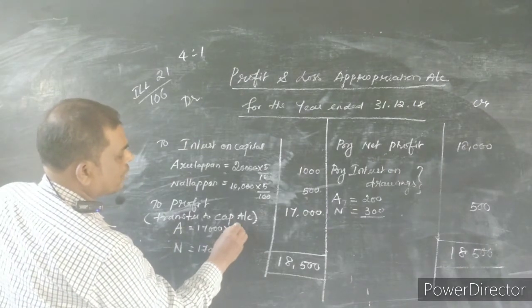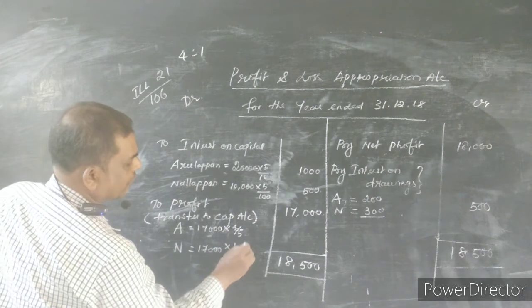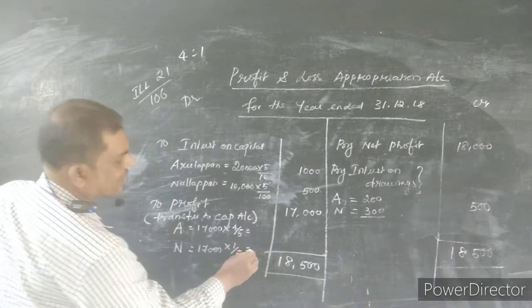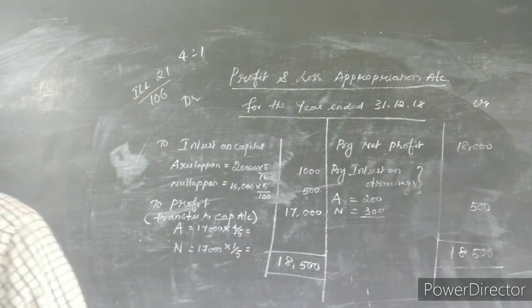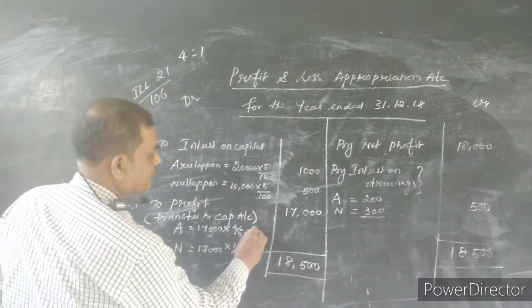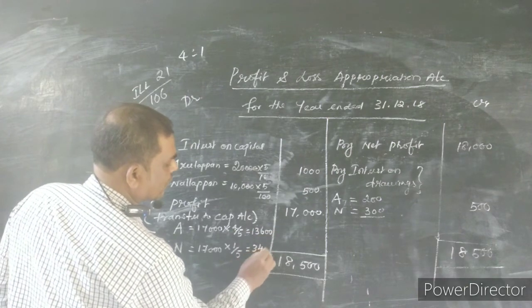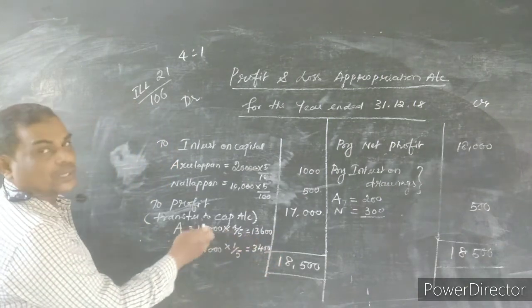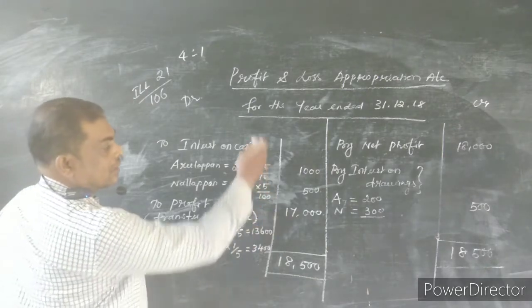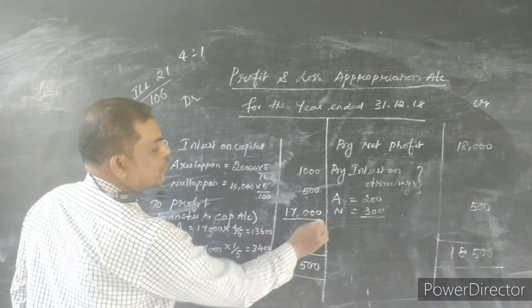So 4 divided by 5 and 1 divided by 5. It will come to 13,600 and 3,400. This calculation should be shown inside the particular column, not in the outer column, because we already put 17,000.